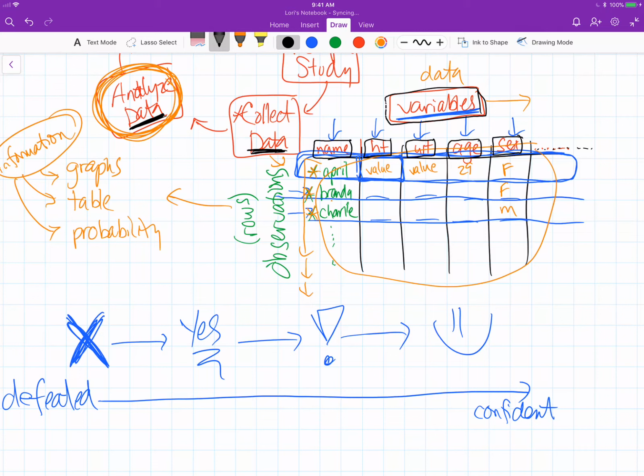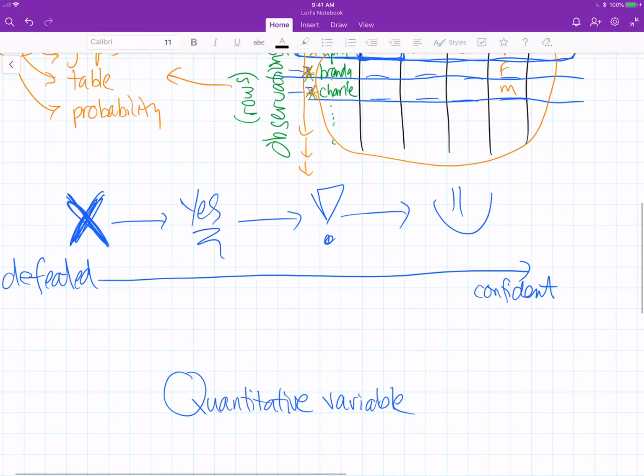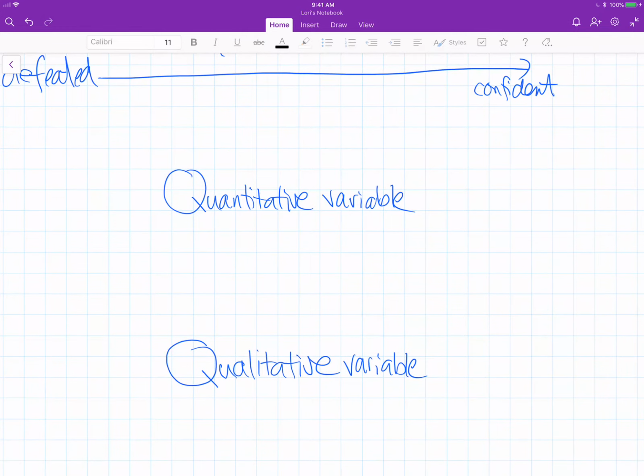We would probably keep adding more and more variables, depending on what it is that we would like to study. And so I want to think about those kinds of variables in terms of quantitative versus qualitative variables. Now those particular names are difficult at best because they can be very confusing.